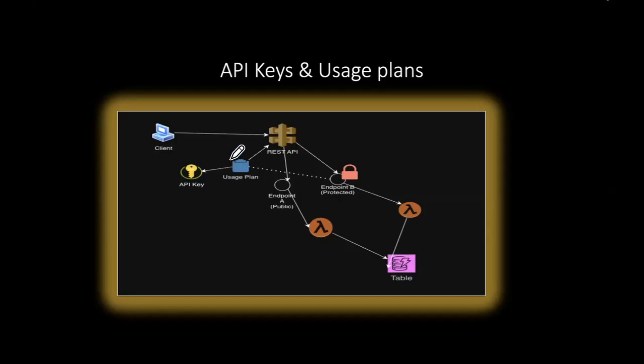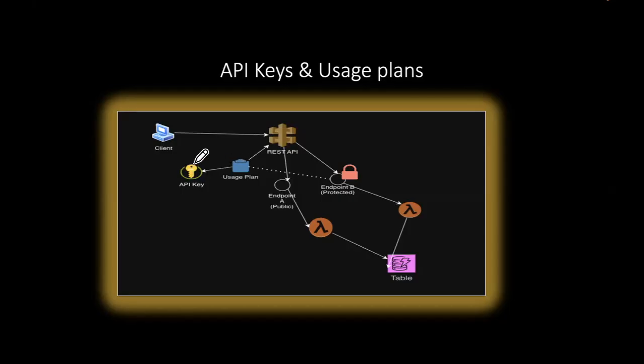You create the usage plan independent of your web API. You also create an API key independent of everything else, but then you have to hook them up to one another. So in the usage plan, you have to refer to the API key. The reference goes in that direction rather than from the API key to the usage plan.